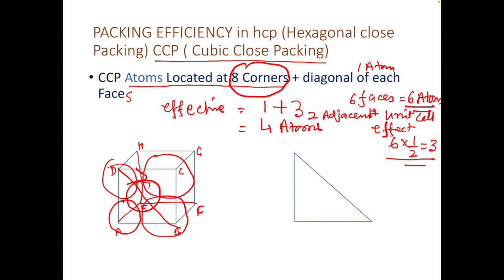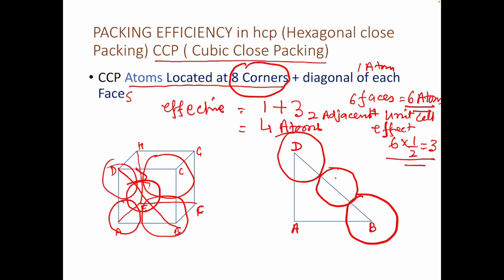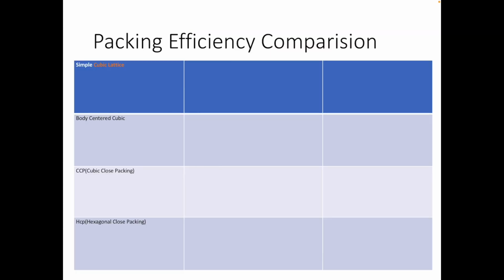So we draw this triangle ABD outside for clarification. There is 1 atom at the face and 2 atoms at the corners, so it is 2R, R, R, and this is A, this is A. Now take the screenshot and we will calculate how the efficiency in cubic close packing is calculated.